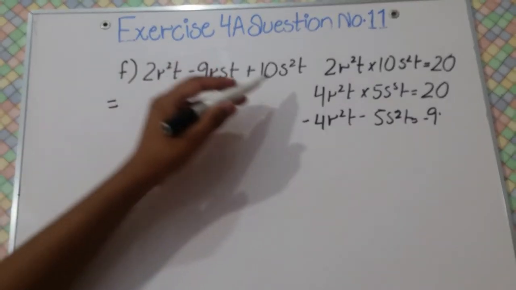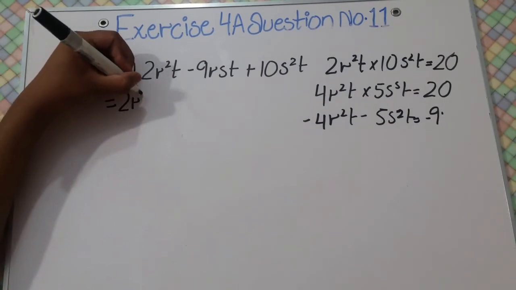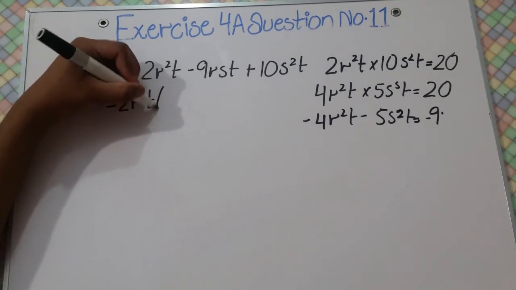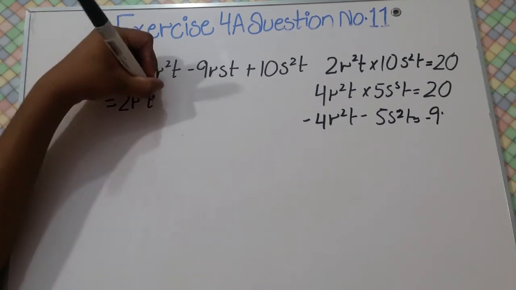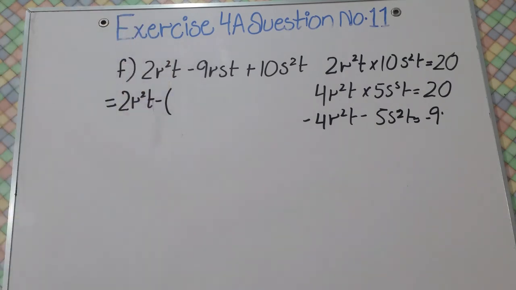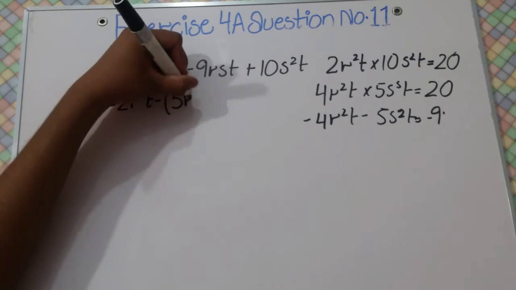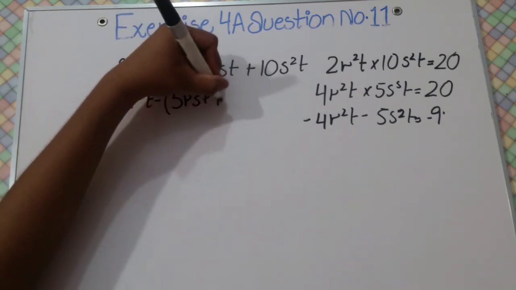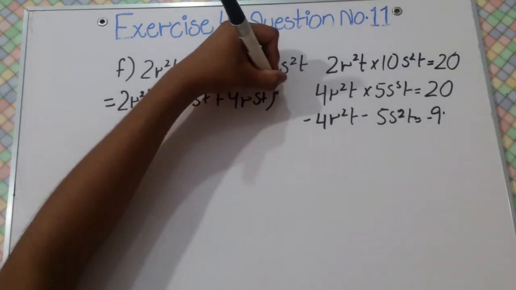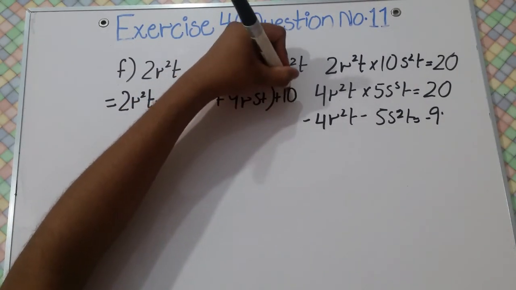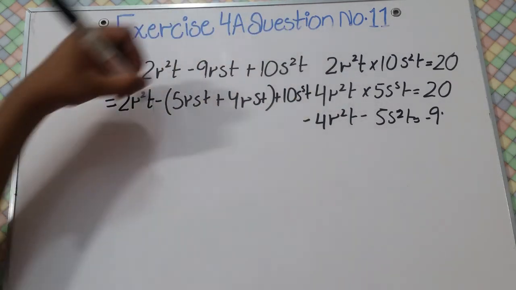Now over here the common is t, so I'm going to write first of all 2r square outside with the sign of negative, and in brackets I'm going to write 5rst plus 4rst and plus 10s square t.